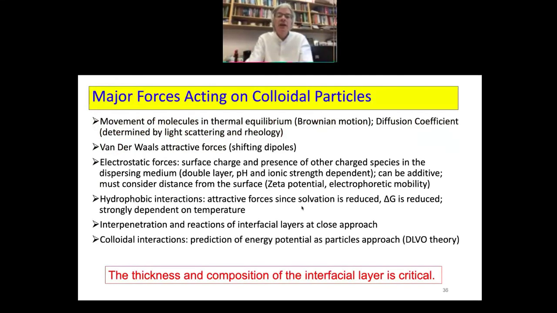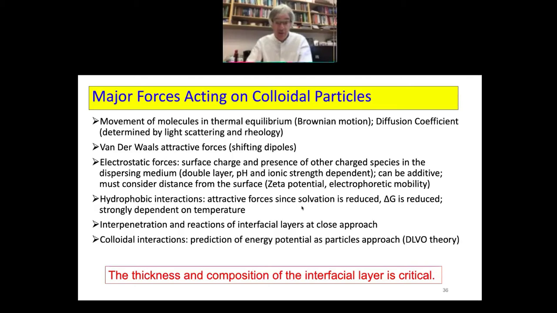So the forces acting on colloidal particles: Brownian motion is certainly one. There's thermal activity within any system. So we can measure things like diffusion coefficients to give us an idea of how much Brownian motion or how much thermal movement a particle might have. Then we've got van der Waals attraction forces that are always present.